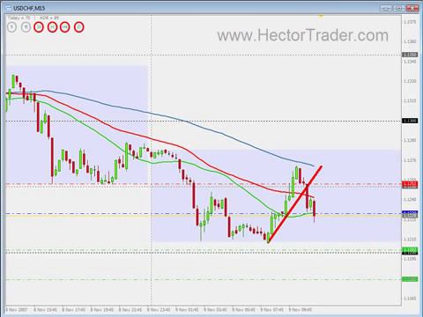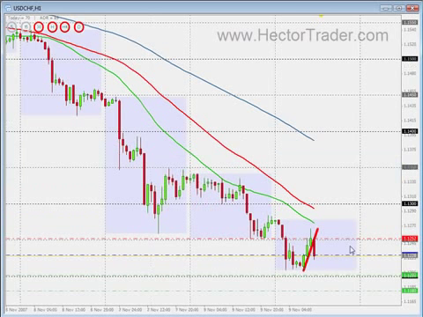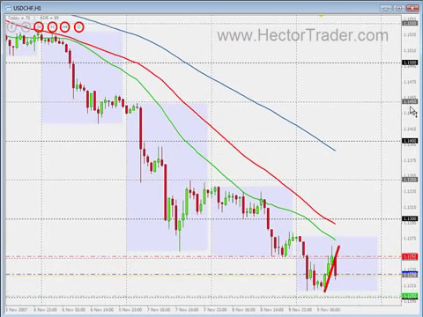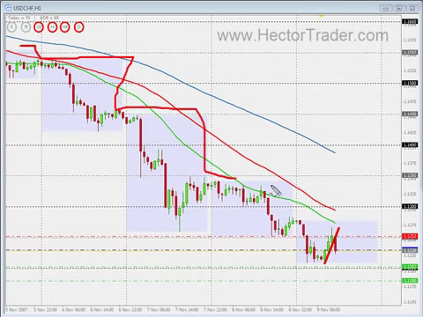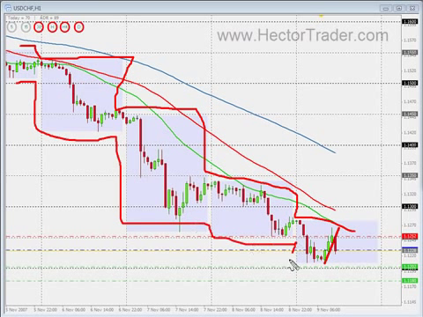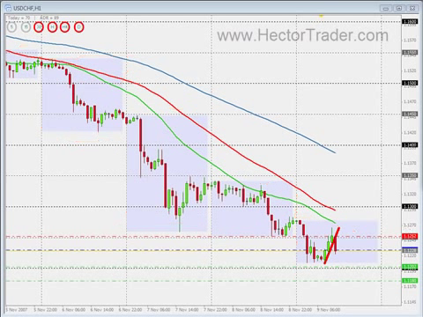Let me try to show you what I'm seeing on my charts. We have a nice downtrend as per the last few days, 4, 5, 6 days, clearly making lower highs and also making lower lows. Throughout the second half of the Tokyo session, we've retraced back to retest the previous swing low.